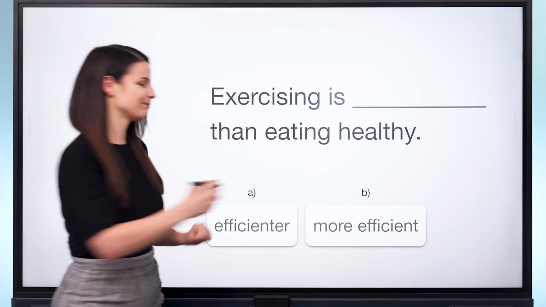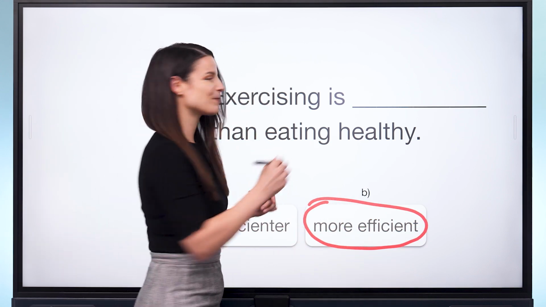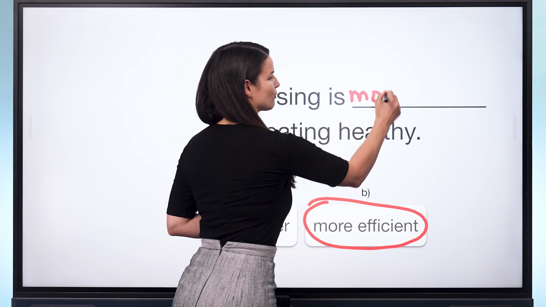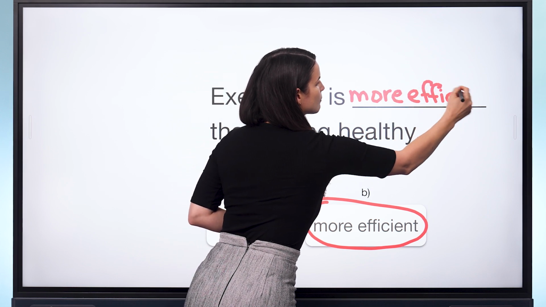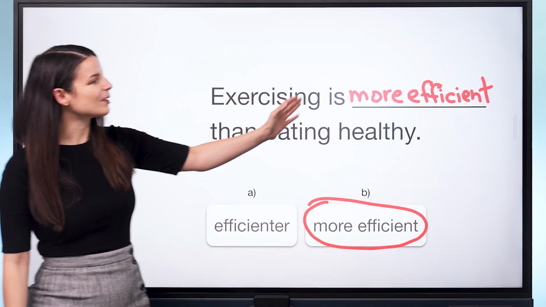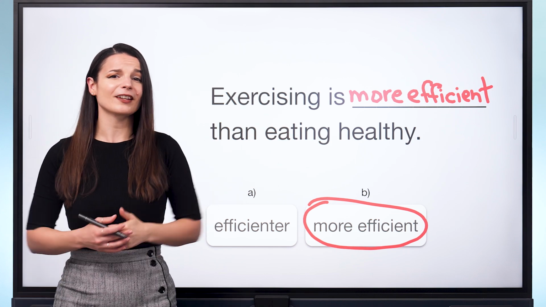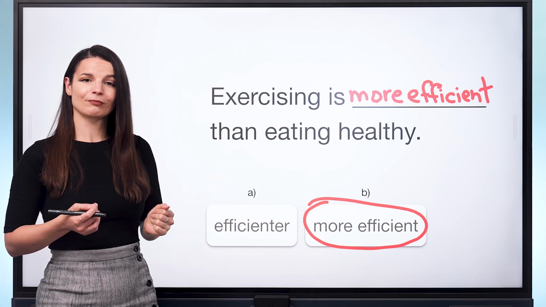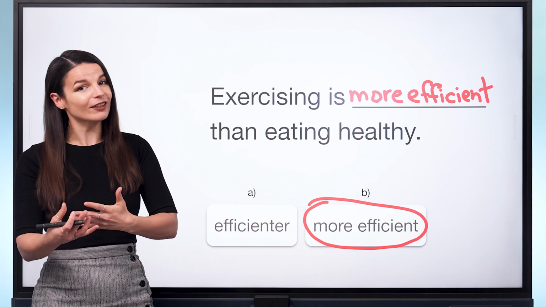More efficient. Exercising is more efficient than eating healthy. Efficient is a long adjective, so we make it comparative by adding more.